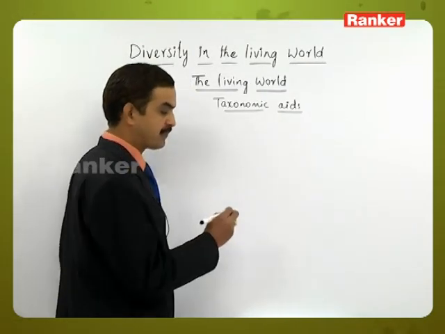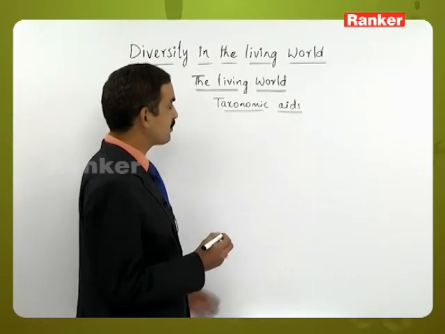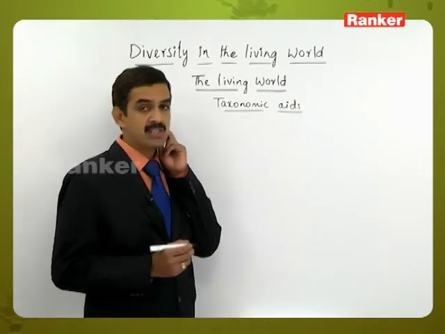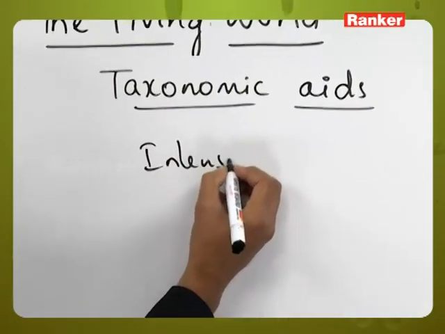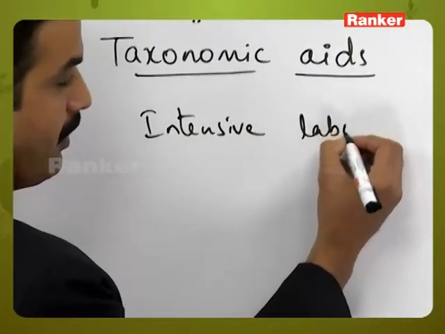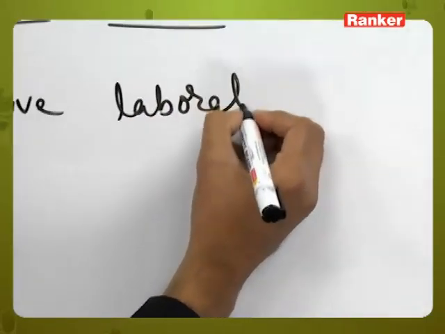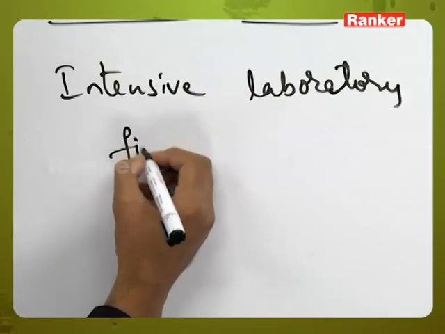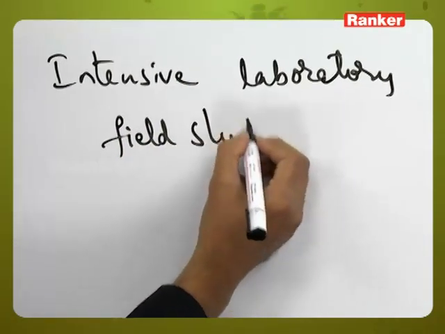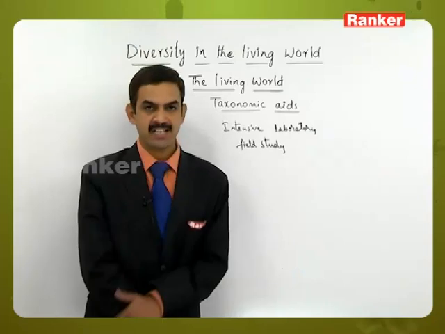So there are various types of taxonomic aids which are useful for identification. For that purpose, we have to go for intensive field study. Intensive laboratory work is needed and also field study is needed. Then only we can go for the exact identification of plants.